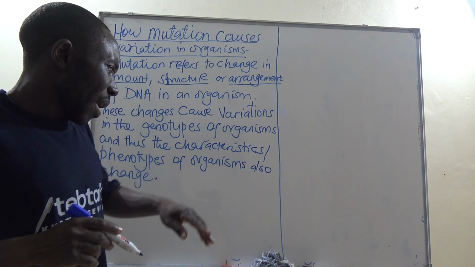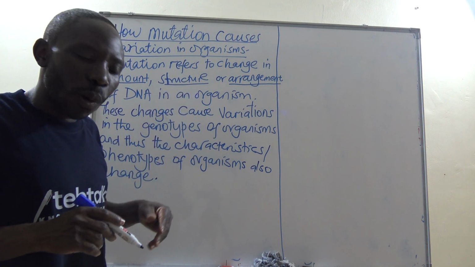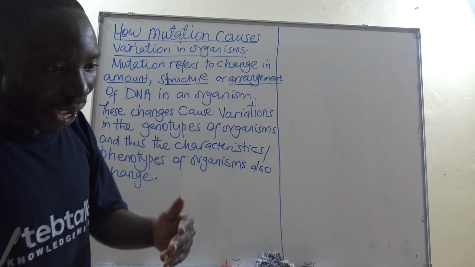And now the mutant triplet or mutant gene codes for valine.